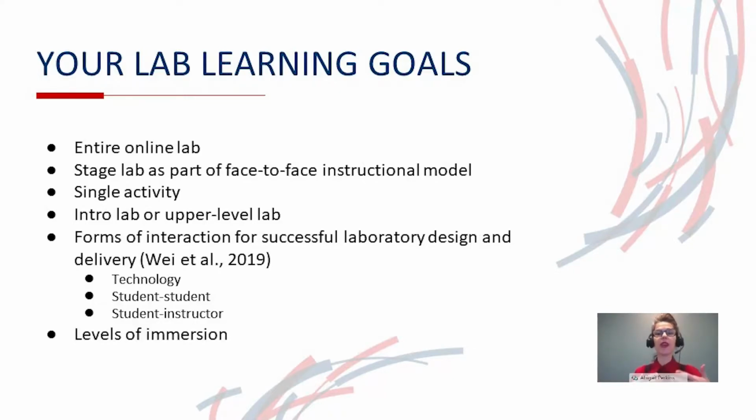So for example, lower level would be more simple simulations. Higher level, we have VR headsets and more highly engaged, highly immersive components. So these are all elements to consider when reflecting on your learning goals for your lab.